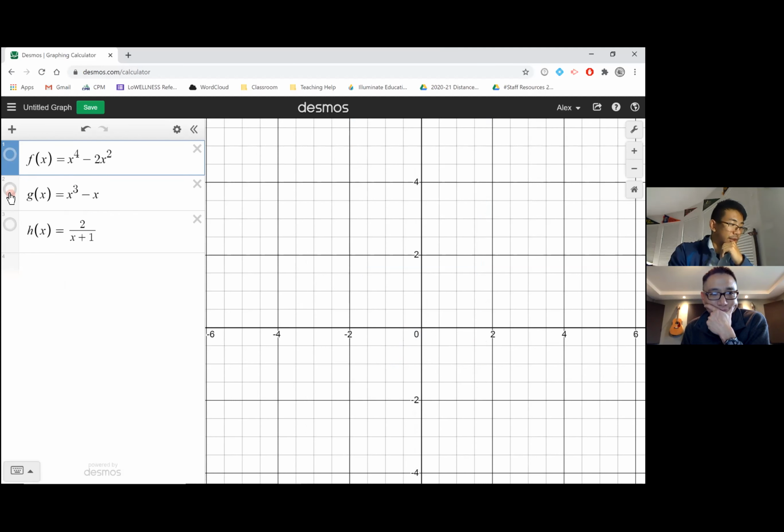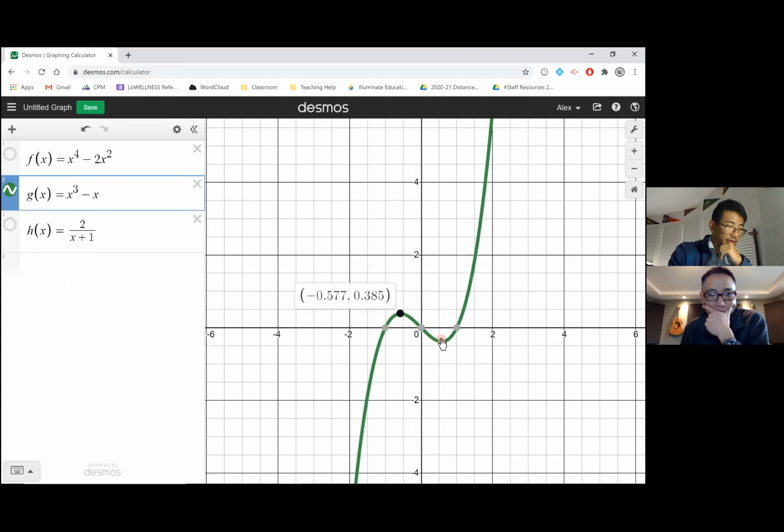We want to check this one, which we said was odd, right? And this is where we can see that we have symmetry about the origin, or rotational symmetry. I think we can kind of see that if I took this right side swoop and rotated it 180 degrees, it would land on top of the other one.